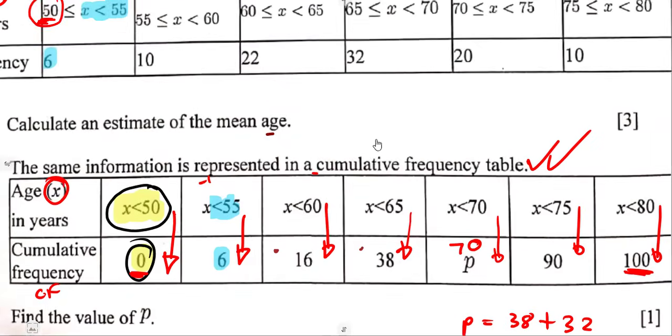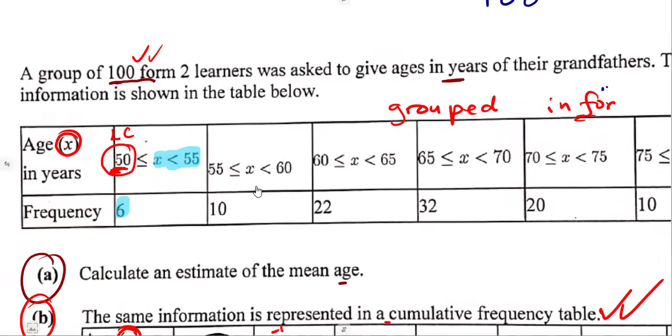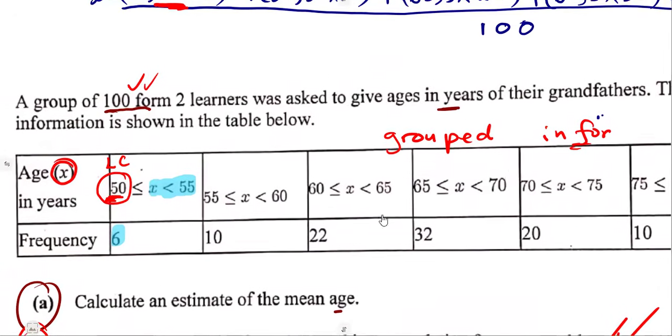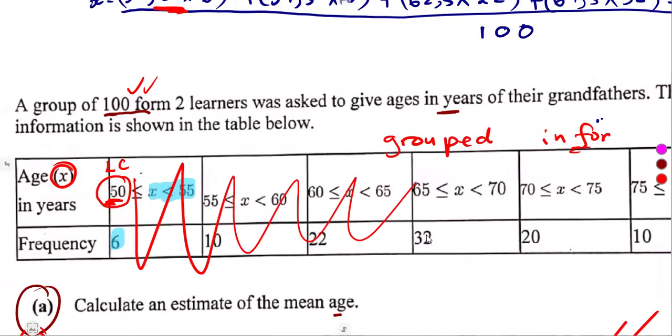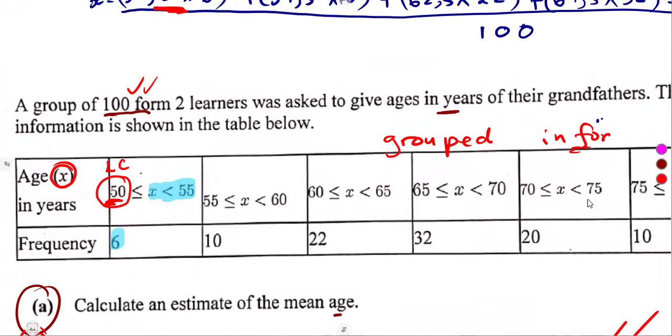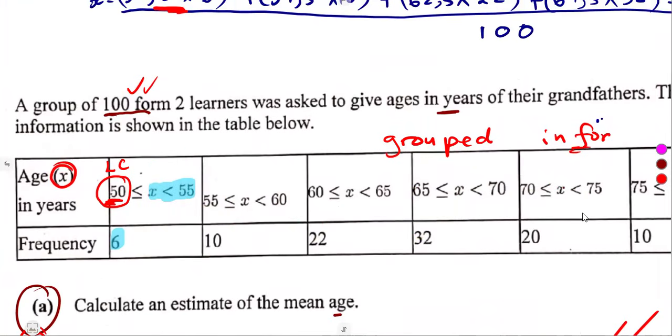Sometimes they just give you this information alone, where you are given the age and their corresponding frequencies. You are the one who is supposed to know what it is that you are to take from this table. Because it is the same table, like I say, that can be used for a histogram. So let's revise as many questions as we can as we prepare ourselves for the exams which are ahead of time.